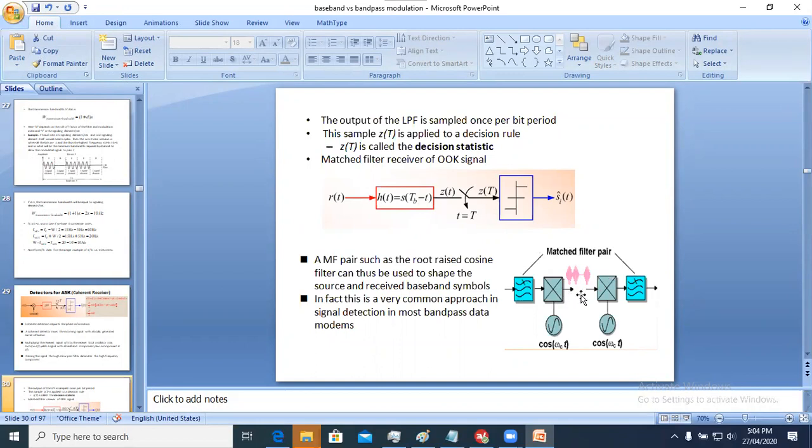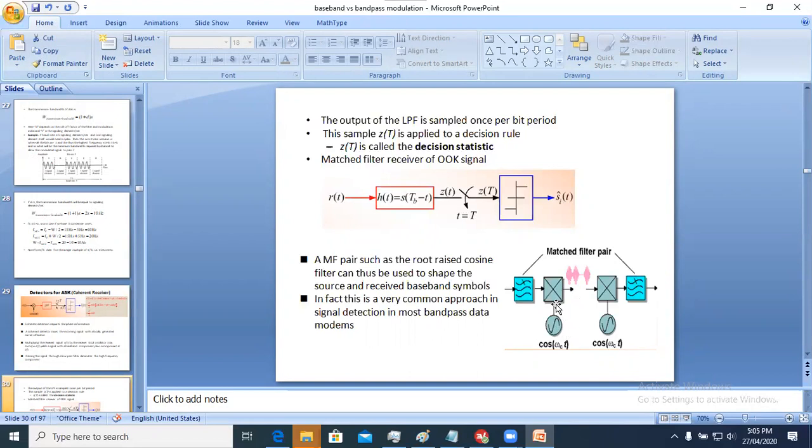But in band pass modulation, we need the band pass filter, which in fact extracts the message from maximum frequency to minimum frequency and centered at the carrier frequency.